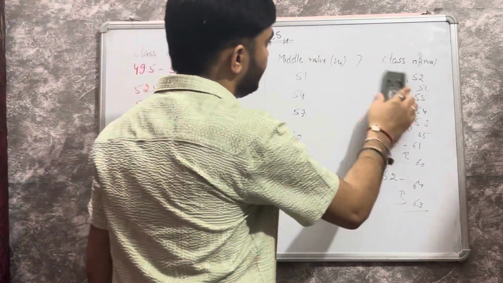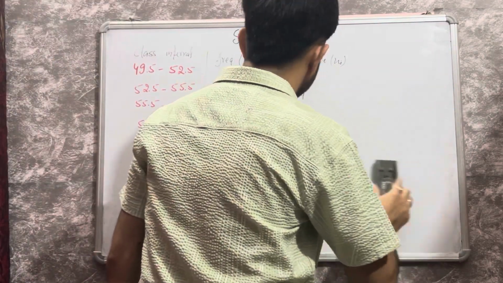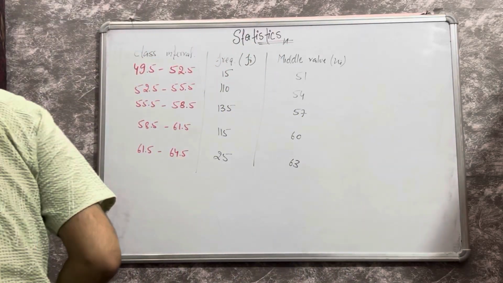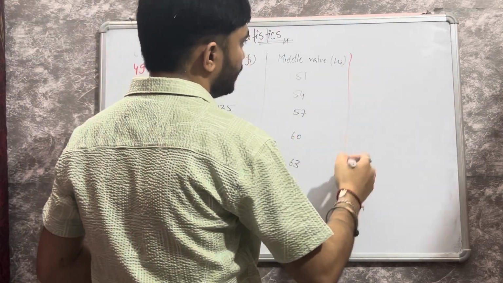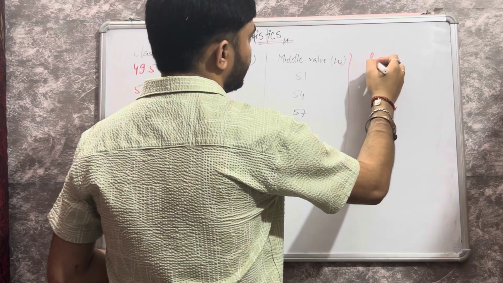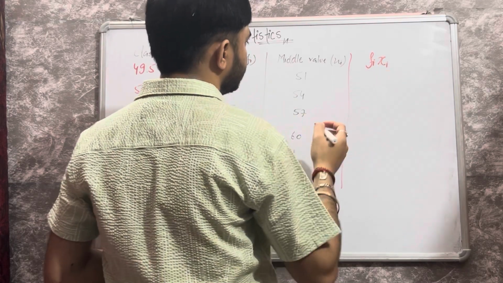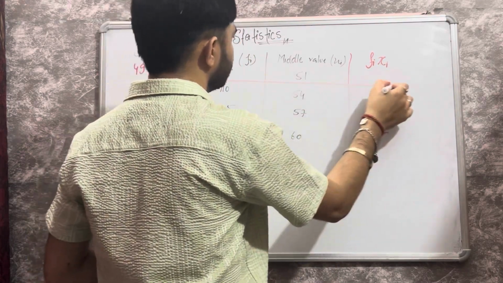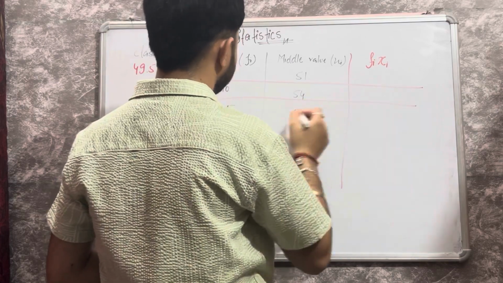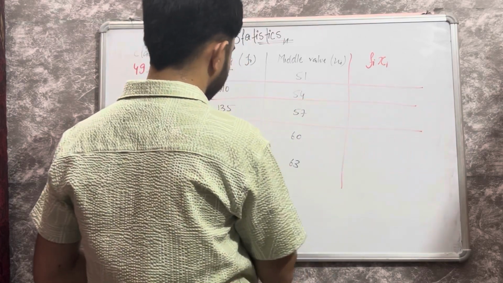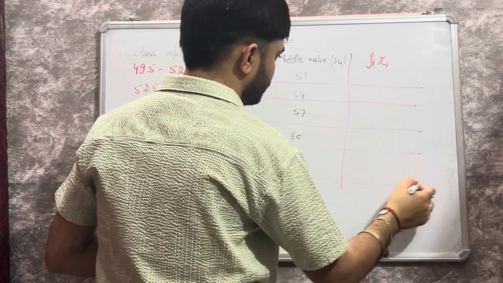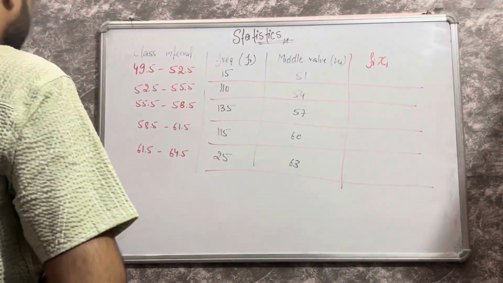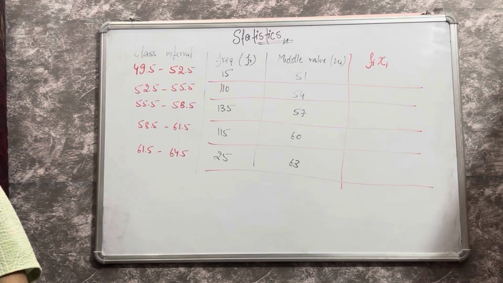Now, what will be our next step? That is to multiply this fi with xi. I am going to find these values with the help of a calculator. You can calculate this by yourself as well.